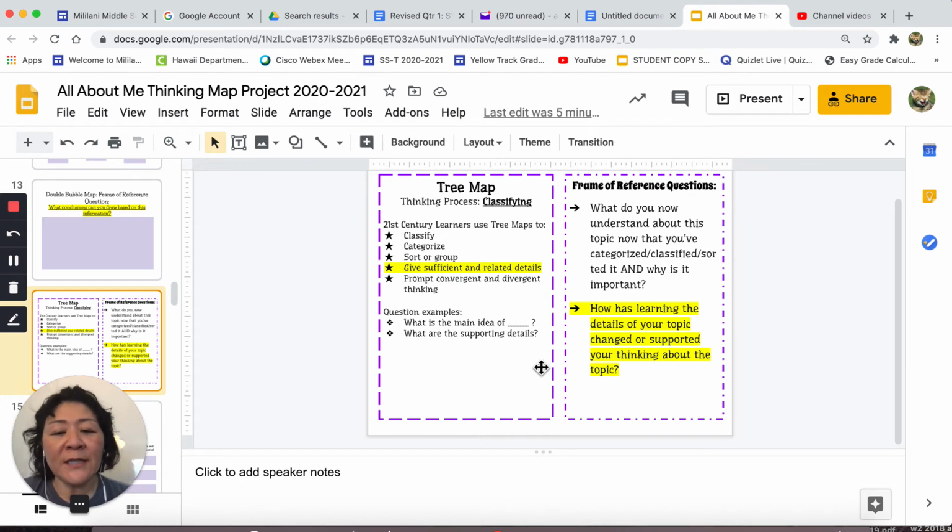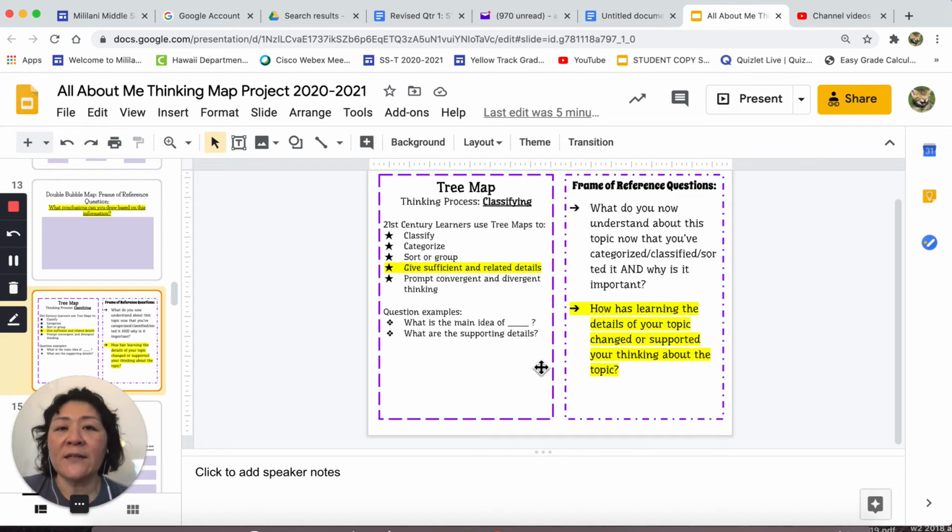So some question examples would be, what is the main idea of whatever the topic is? And what are the supporting details of that topic? There are a couple frame of reference questions that you should be able to answer when doing this tree map. So one of them would be, what do you now understand about this topic now that you've categorized, classified, or sorted it?